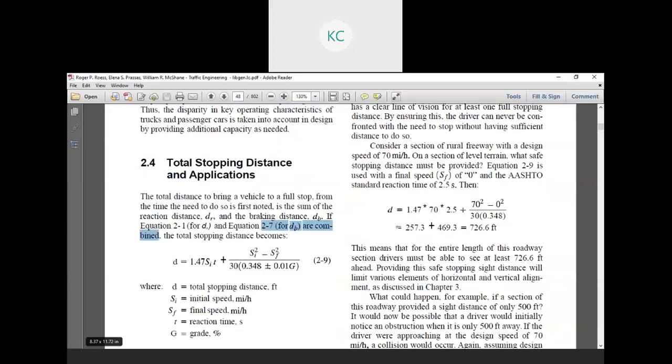So stopping distance is the distance from the position where braking is first applied to the point where the vehicle actually stops. This is called the total stopping distance.